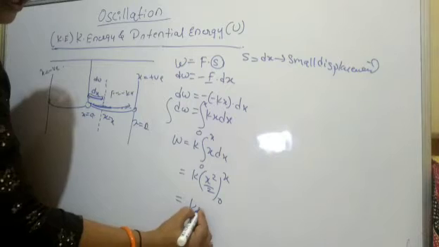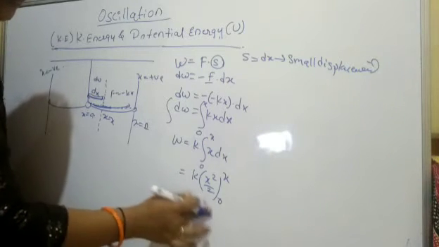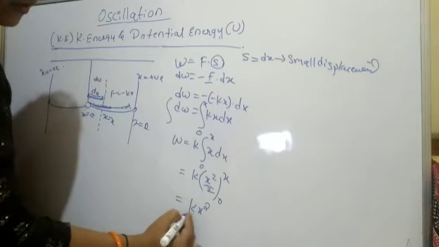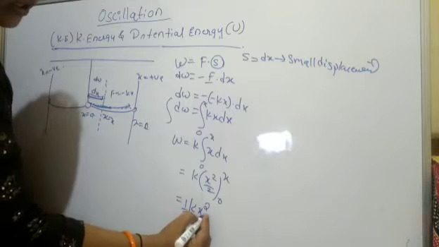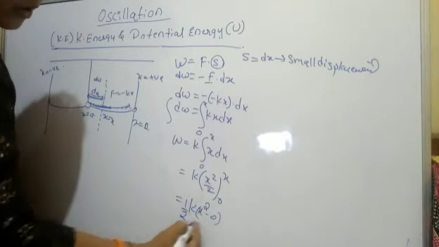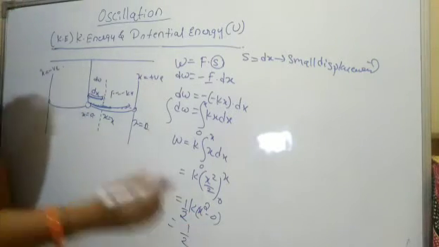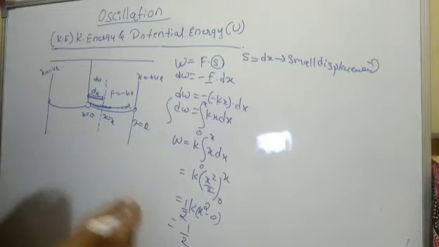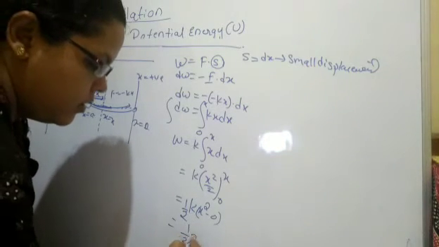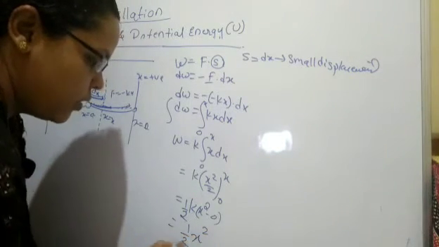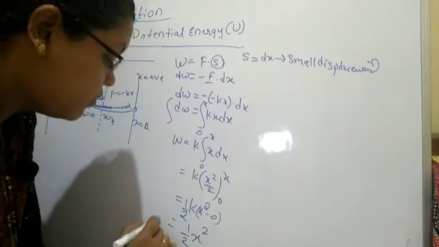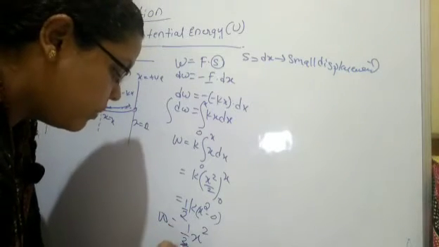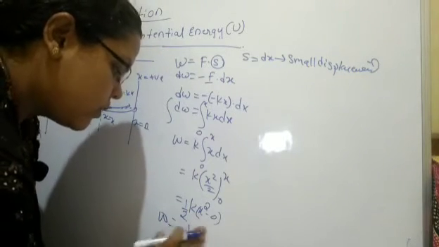So we are getting x square, 1 by 2 I will take outside, minus 0. So that means 1 by 2 of kx square. Sorry, work done is equal to 1 by 2 kx square here.